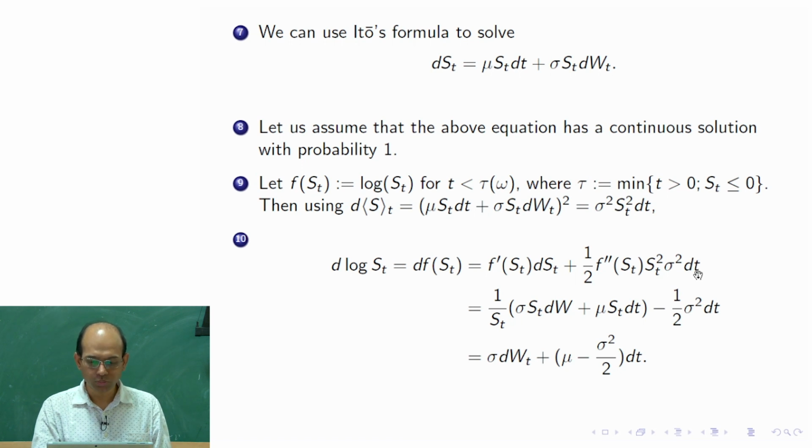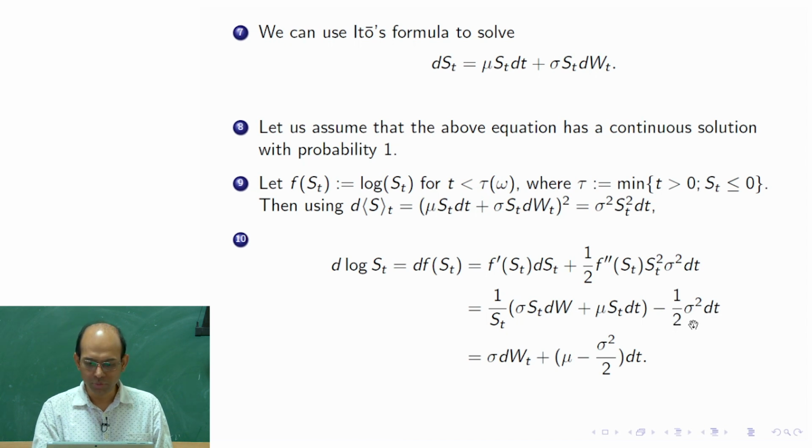So now we compute. f of st is log st, so the derivative is 1 over st, and the double derivative is minus 1 over st square. The st square and this st square cancel each other, but I retain the negative sign. So, minus sigma square dt, with the half also there.